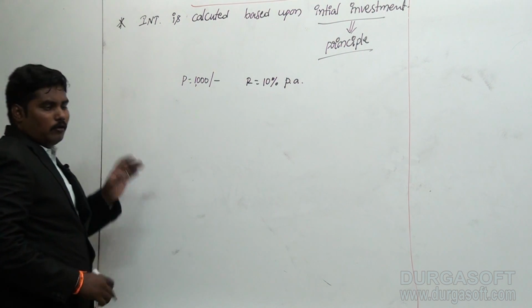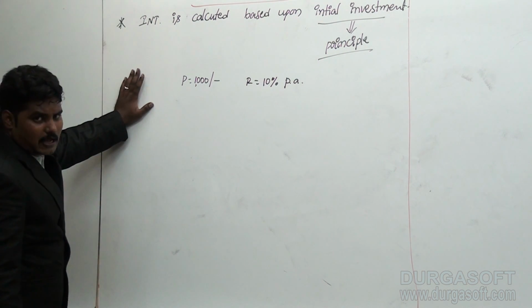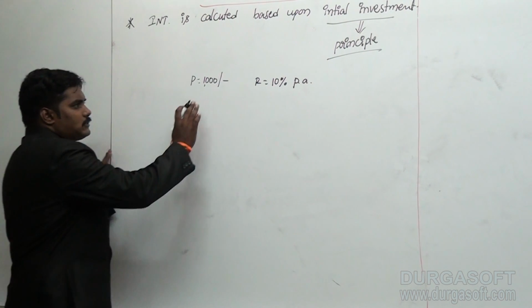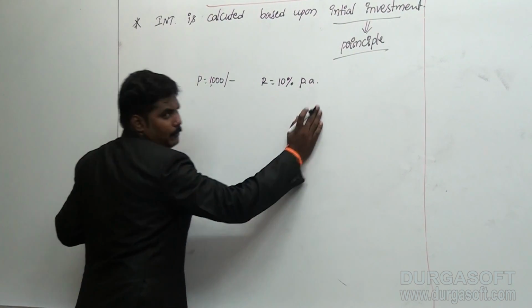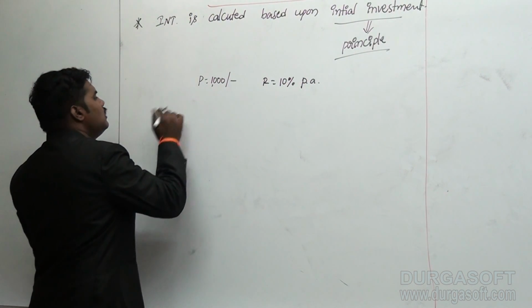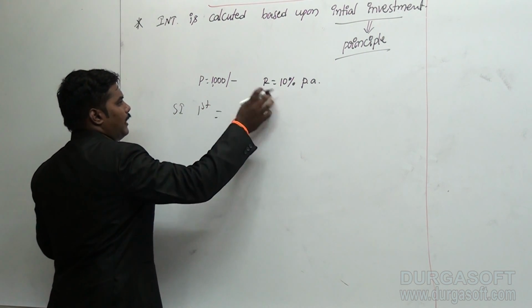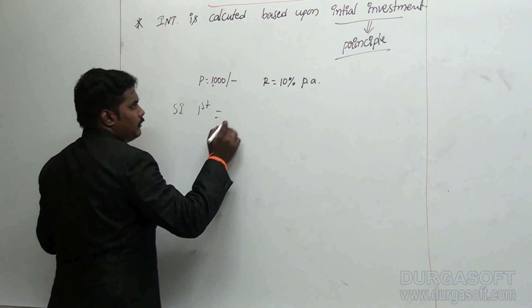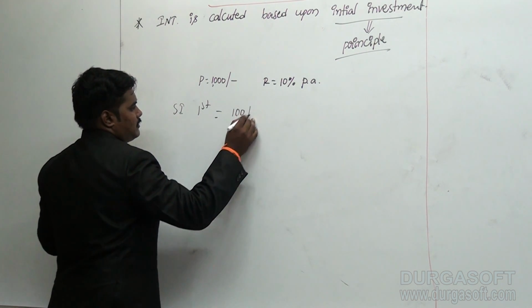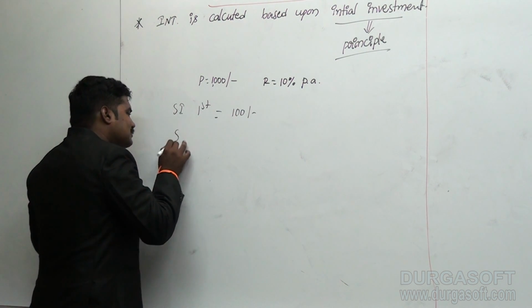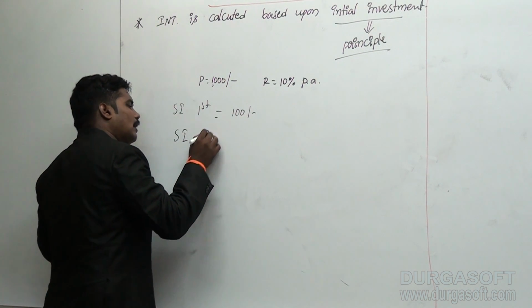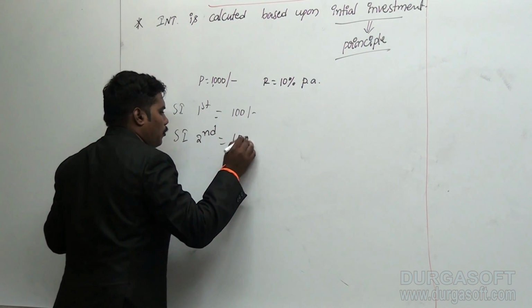Look at here. In this example, we will discuss all the models. If the principal is 1000 and the rate of interest is 10% per annum, then simple interest for the first year is equal to what? 10% of 1000. That means 100 rupees is the interest. Simple interest on the second year is also 100 rupees.